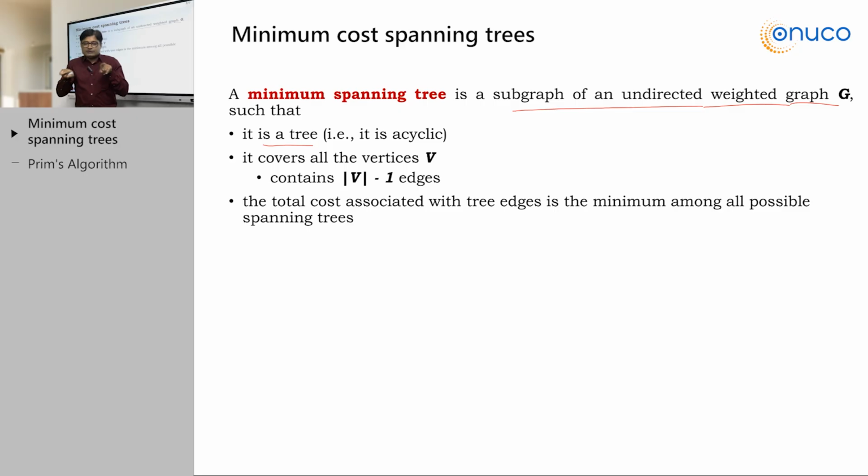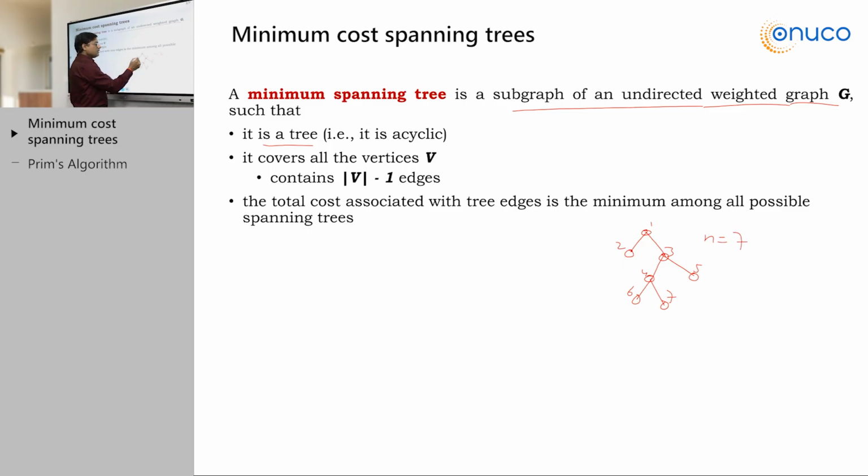Remember that when you are talking about trees, a tree looks like this. Do you have any cycle in this? No. So if you are talking about the number of vertices, how many vertices do you have? 1, 2, 3, 4, 5, 6, 7. So n is equal to 7.